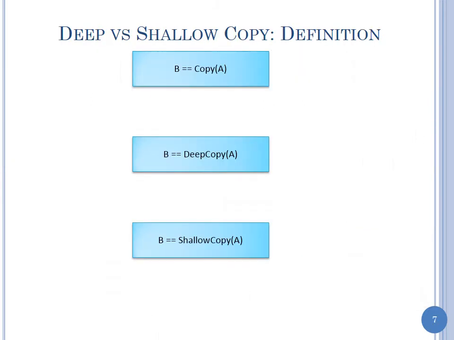So deep versus shallow copy definition. So we say B is a copy of A. Anybody want to define a generic? So in both cases I did copying. One I called shallow copying, the other I called deep copying. So what's something that unites both of them? You want to try to give a definition? So if you, that's a good one.